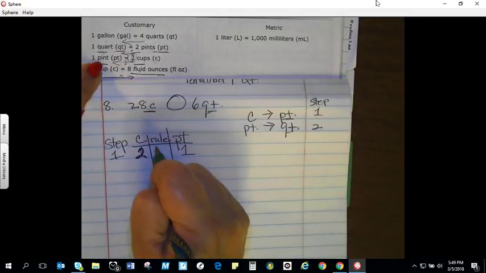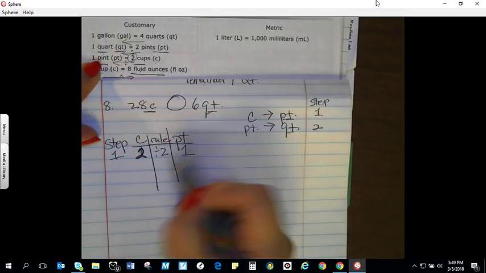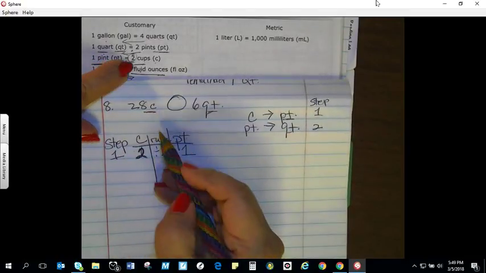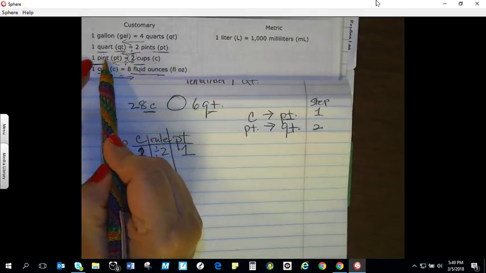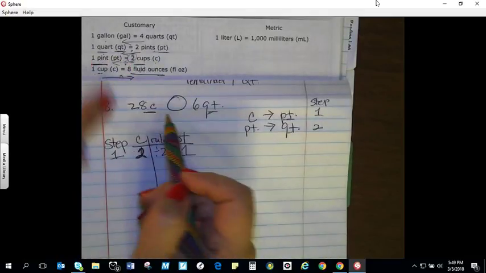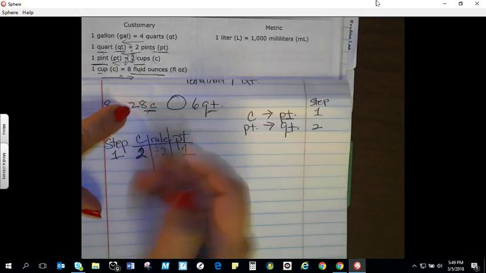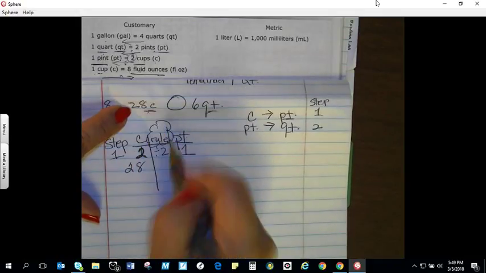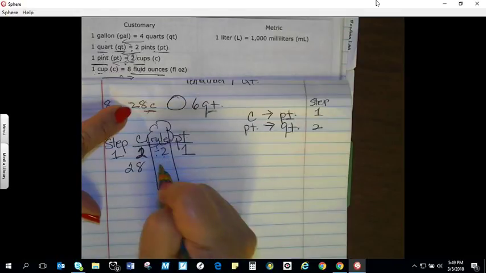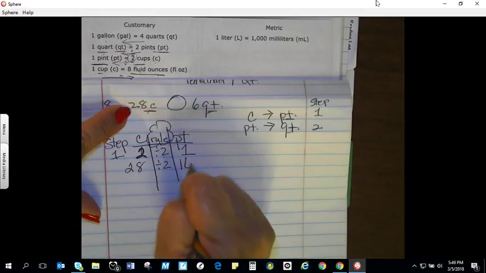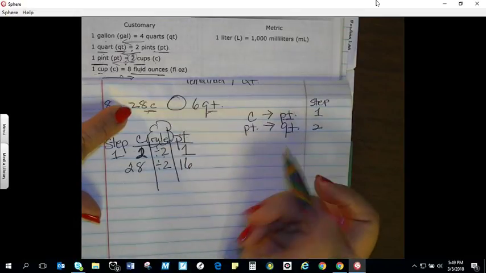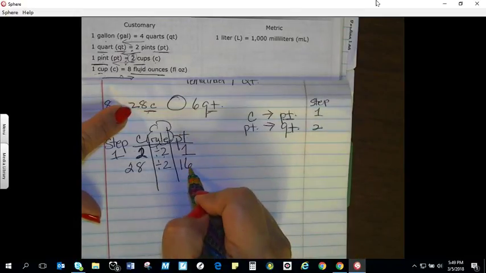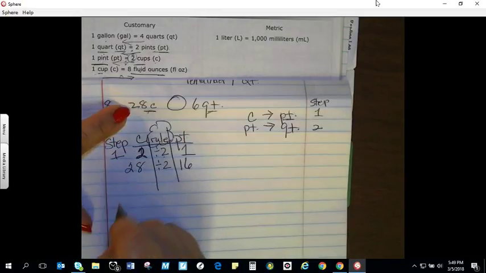So I'm going to divide that by 2. So if I'm given for every 2 cups, it's equal to 1 pint. I was given 28 cups. And if my rule tells me I need to divide it by 2, then 28 divided by 2 equals 16. Because 16 times 2 equals 28. So now I'm going to step 2.